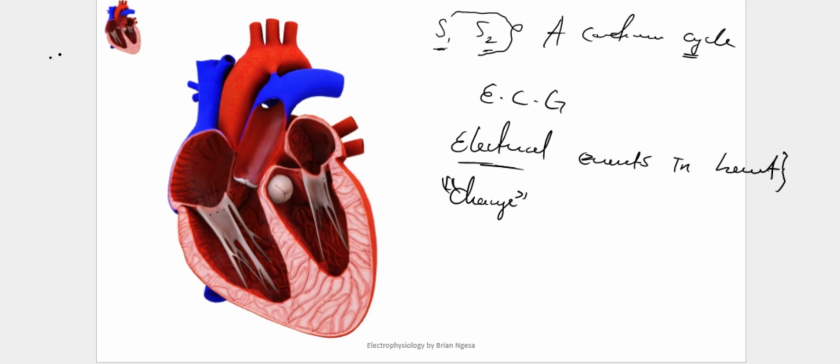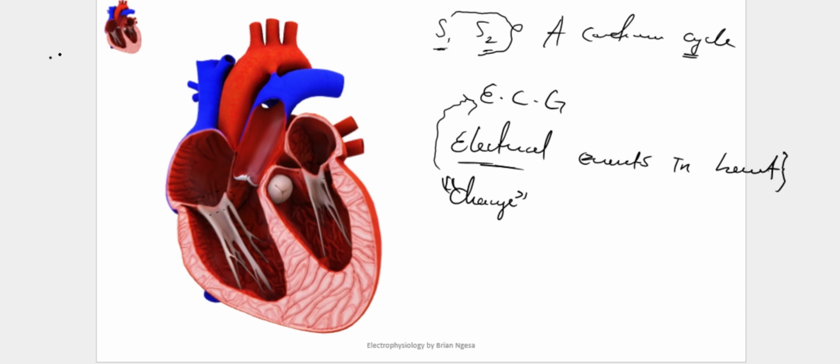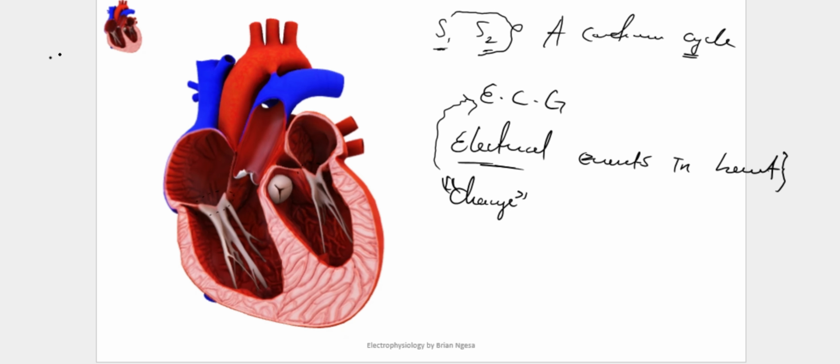So when it comes to the ECG, our main question is to try and trace how this electrical energy is being generated and how it spreads. How it is generated and how it spreads from the sinoatrial node up to the very last point of the cardiac muscles can be well represented in the ECG.